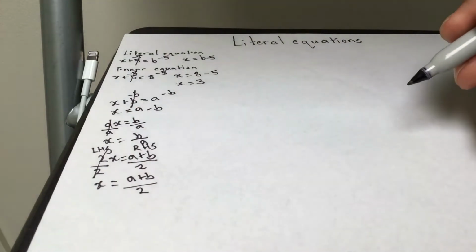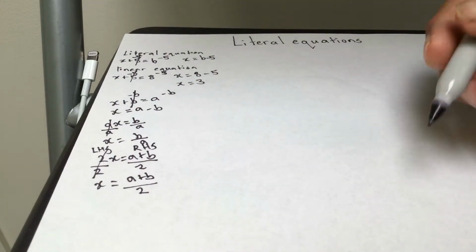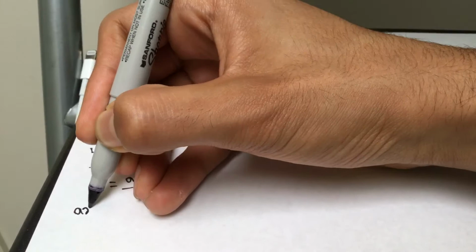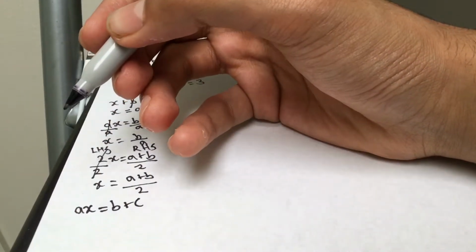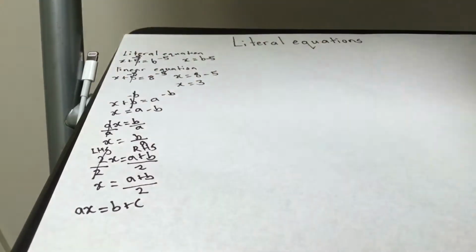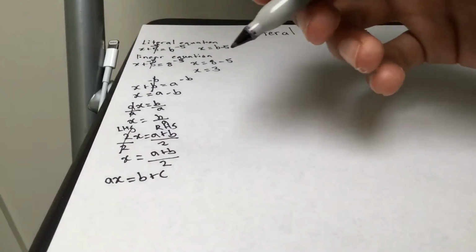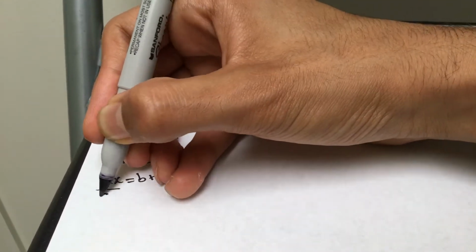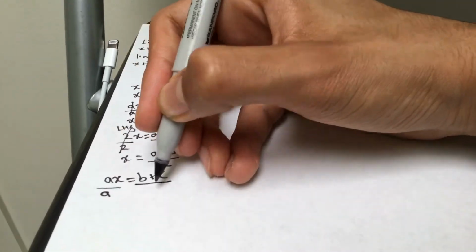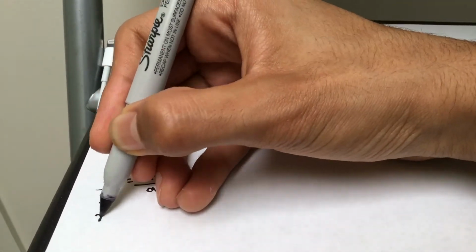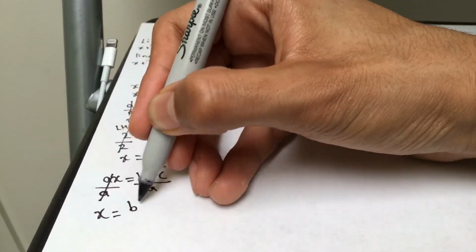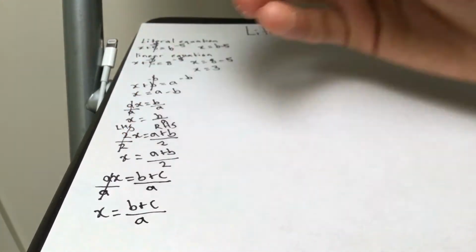That is our answer. Now let's do ax is equal to b plus c. First of all, we need to get rid of a, so we're going to divide by a on both sides. The a cancels out, and x is equal to b plus c over a.